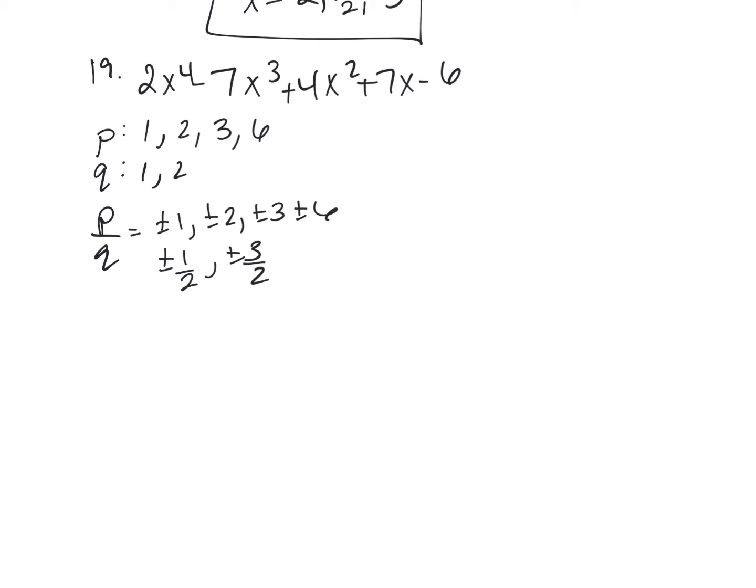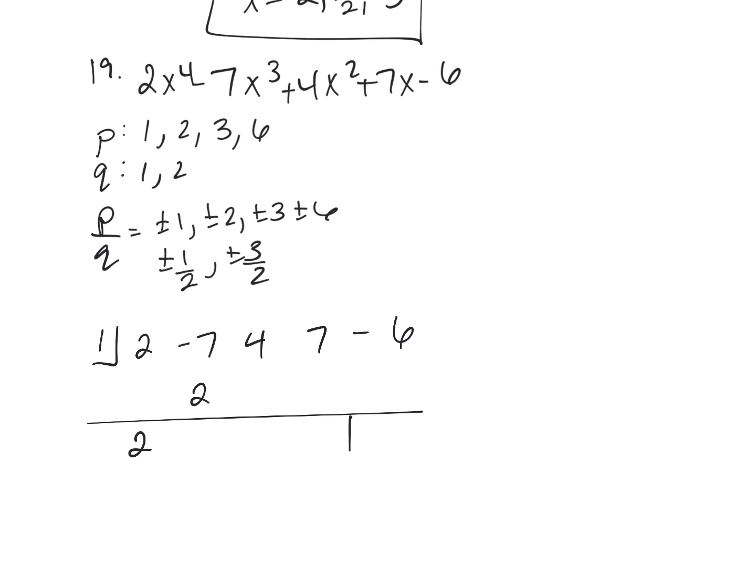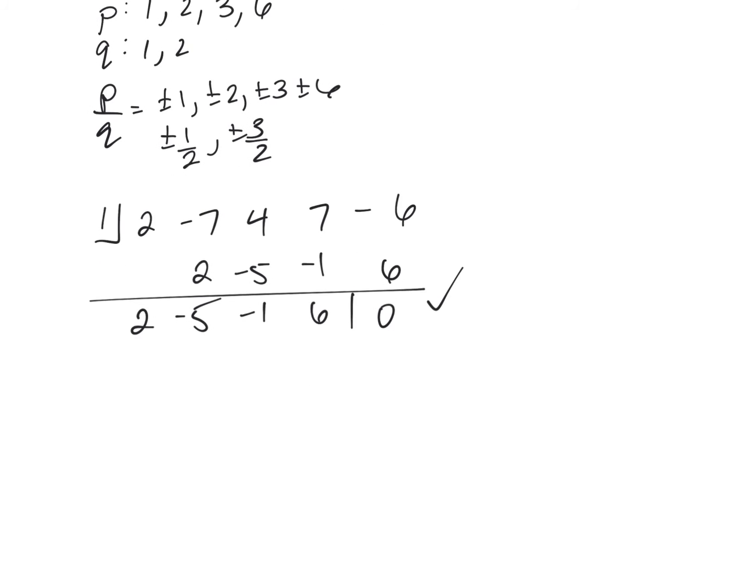Okay. So, check 1. It works. This is what I really wanted to talk about. I found one that worked on the first try. I do not go back to the original and keep going. I start with my new polynomial.